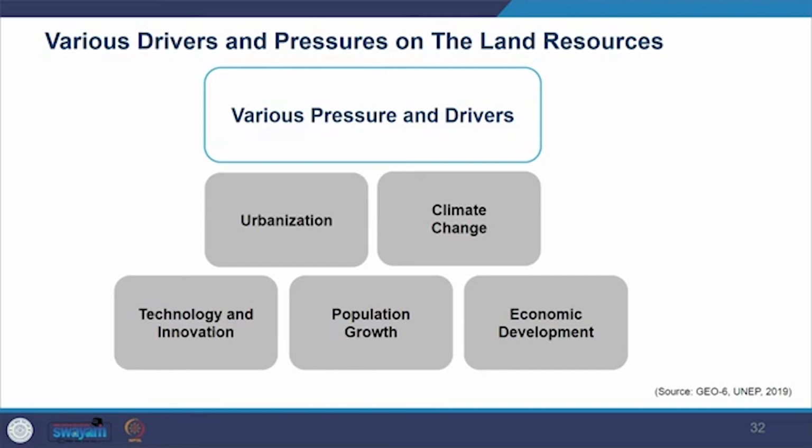How do we consume resources? So it's not necessarily negative, but it can be positive depending on what ways we adopt to consume those resources. We also see rural to urban migration. Migration has multifaceted impacts on land use.